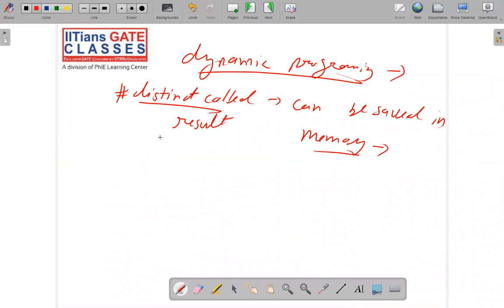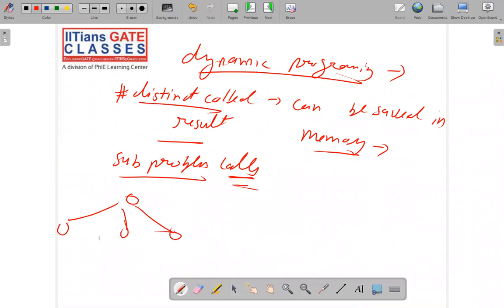This distinct call can be like a subproblem call. In the previous lecture, I already explained that we save these distinct calls in memory. So we will never call that function again, and we prune that tree. If we solve some problem here, we don't have to call the same parameters, the same matrix multiplication, here.